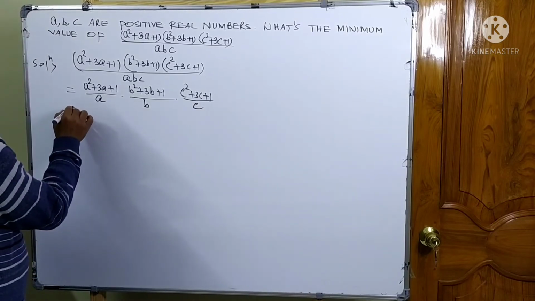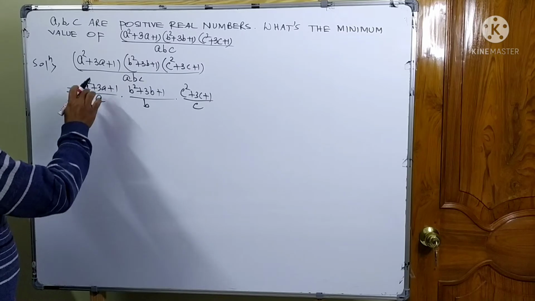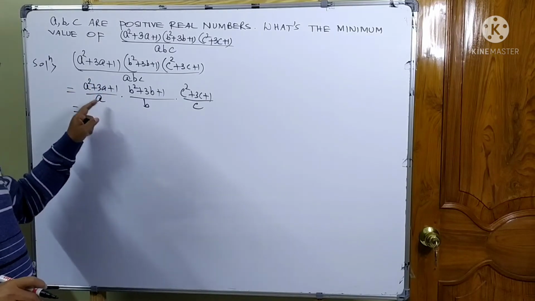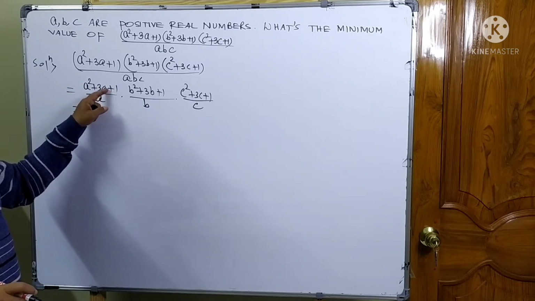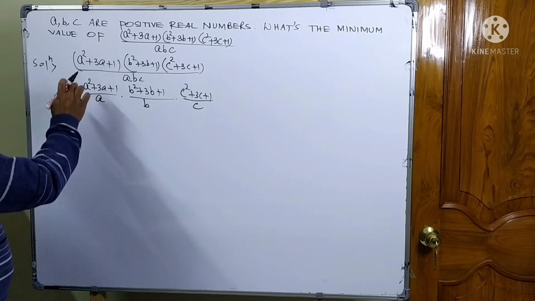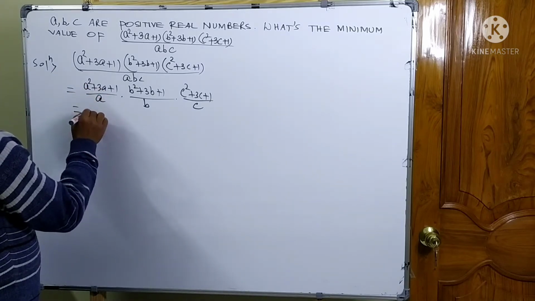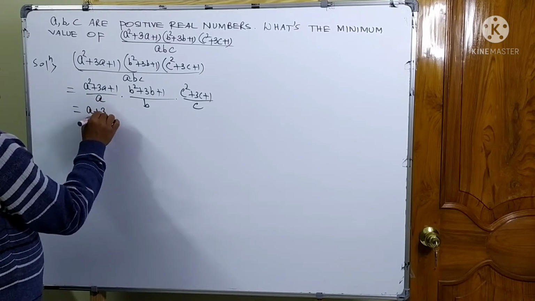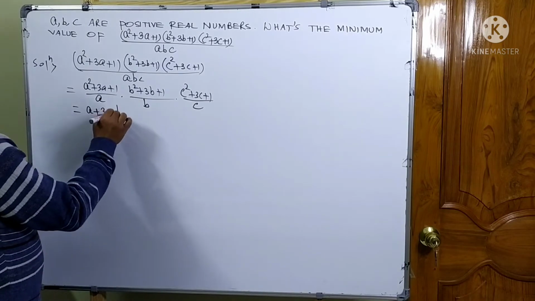Now we can divide each term of the numerator by a. The first term is a², and a² divided by a is a. 3a divided by a is 3, and 1 divided by a is 1 over a.